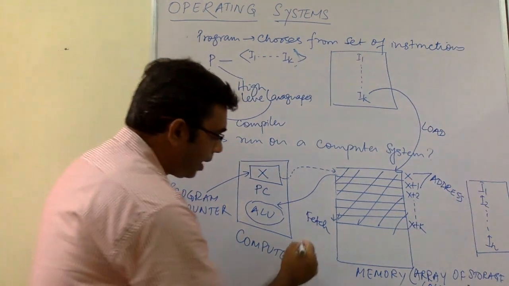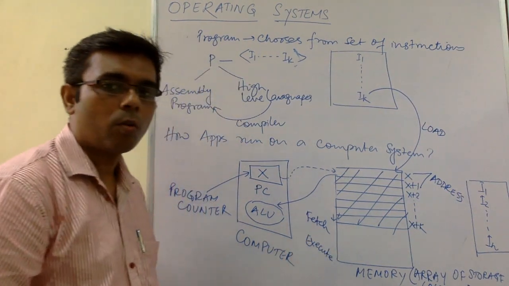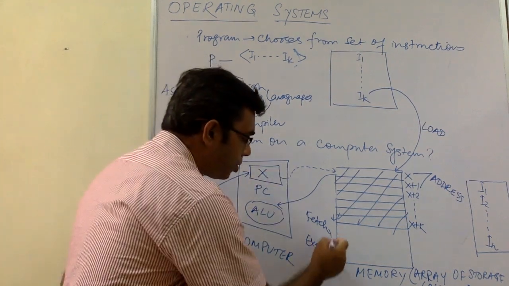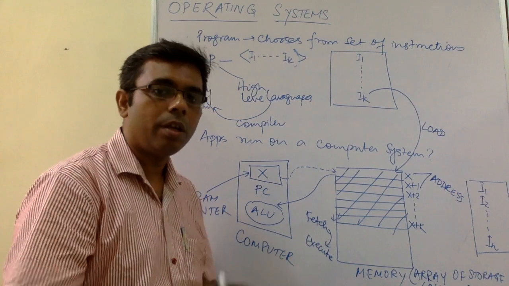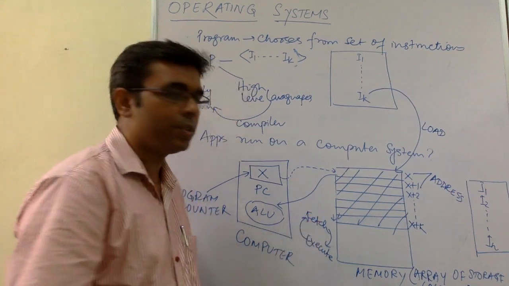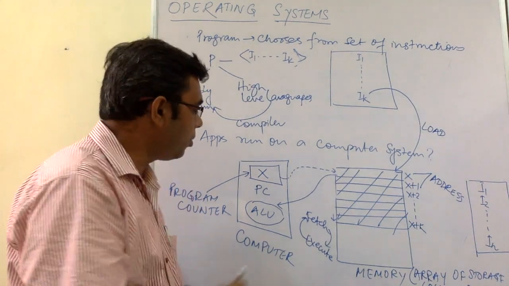In short, there are two phases which the computer does: it fetches something from the memory and executes it. So the content of x was fetched and executed, and then it went on to fetch the next one, x plus 1, executed, x plus 2, executed. How is this happening?